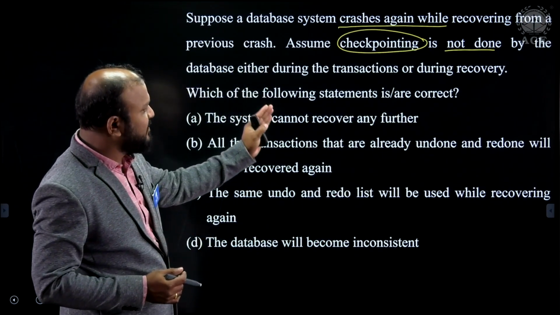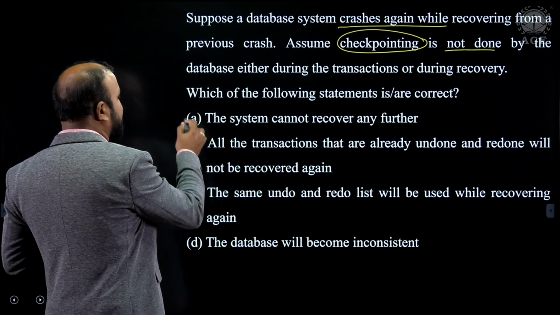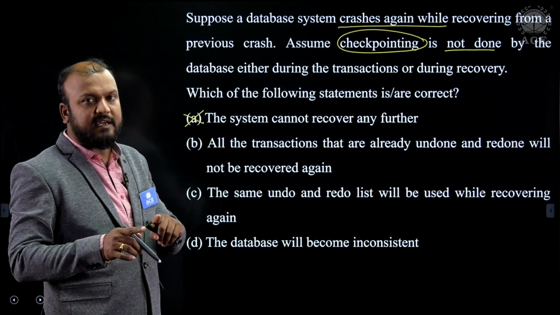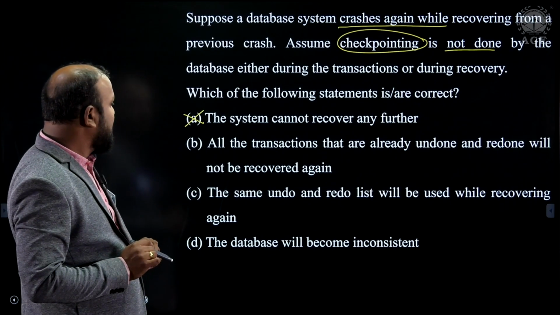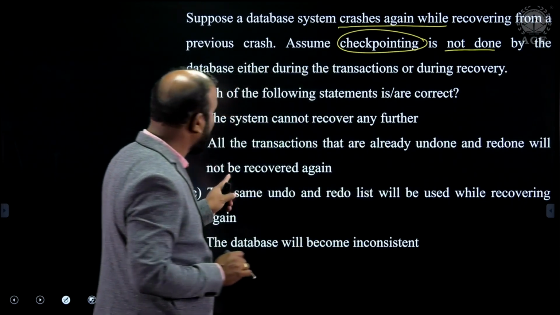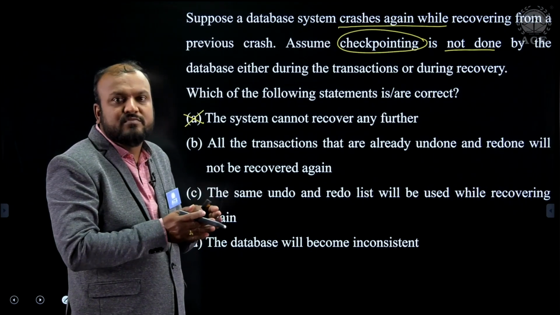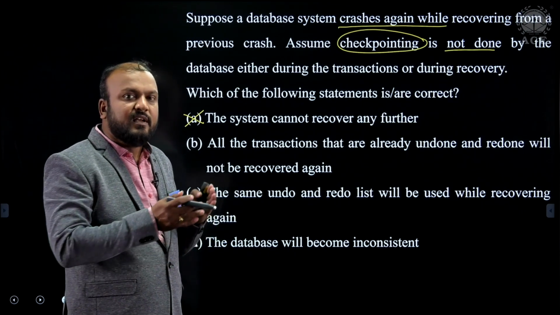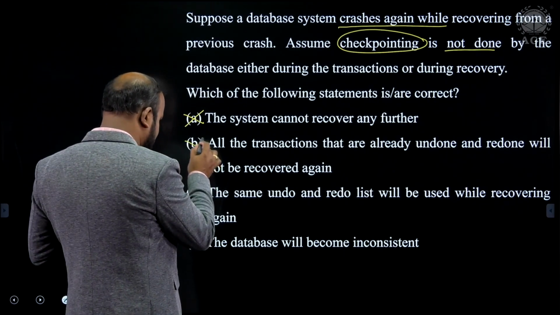Which of the following statements are correct? The system cannot recover further. It is definitely wrong. Why? Because if a system crash occurs, it requires recovery. Recovery is possible. All the transactions that are already undone and redone will not be recovered again. This is wrong. Why? Because the log records that are already stored in the log cannot be removed immediately. So option B is wrong.